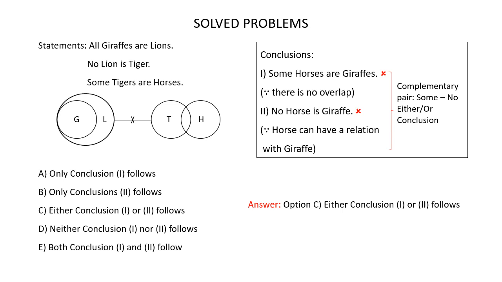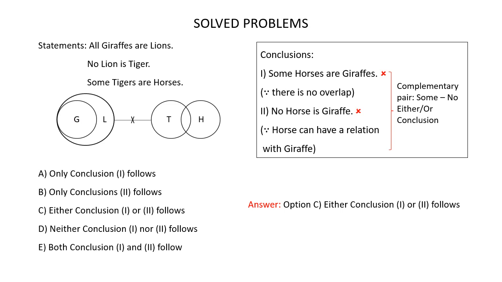Now, since this portion of horses is inside tigers, this portion of horses also cannot have any relation with giraffes. But as you can see, there is no restriction for this portion of horses to have a relation with giraffes. So this portion of horses can have a relation with giraffes. This means some horses are giraffes.